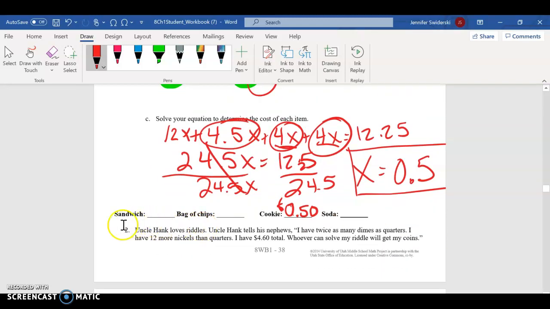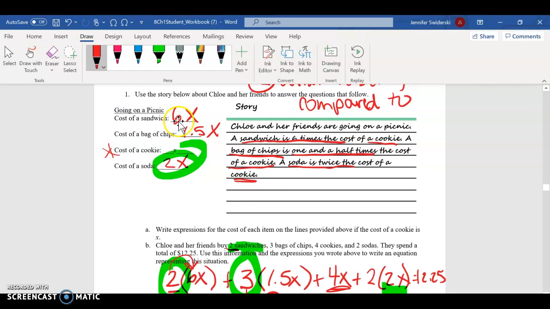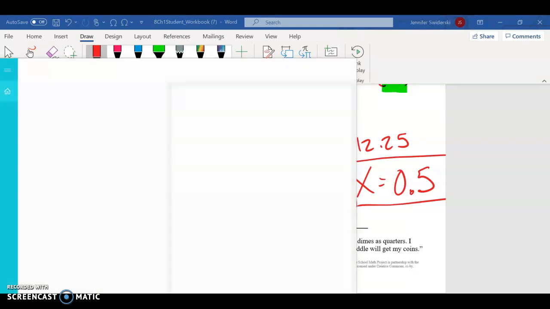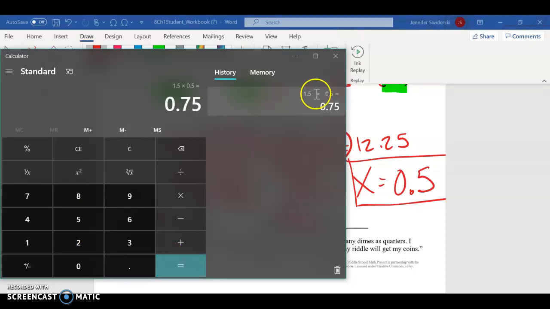Well, now we need to figure out how much a sandwich is, a bag of chips, and a soda. Guys, this is the easy part. If X is 0.5, we're just going to come up here and say, okay, well, 6 times 0.5 would be $3 because 6 times 0.5 is 3. A bag of chips. I'm not too sure about the decimal. Well, remember, if I do 1.5, because it was 1.5 times the cookie, times 0.5, I'm going to get 75 cents.